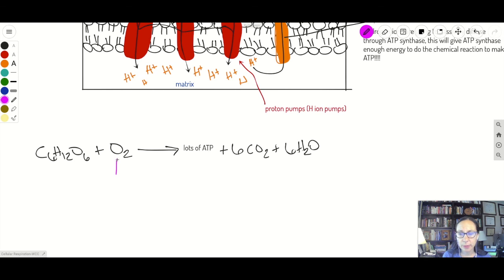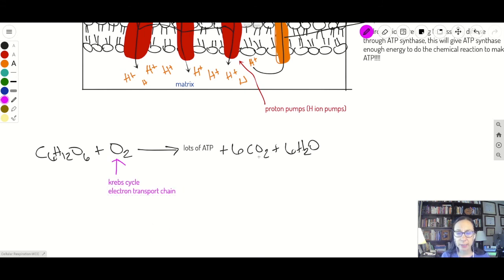The oxygen is needed for the Krebs cycle and the electron transport chain. So the Krebs cycle and electron transport chain need oxygen.